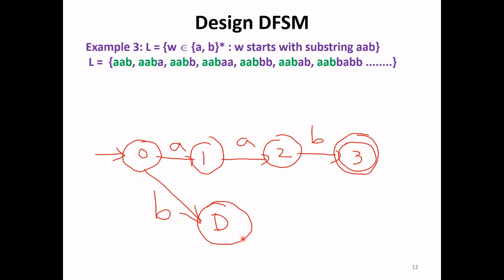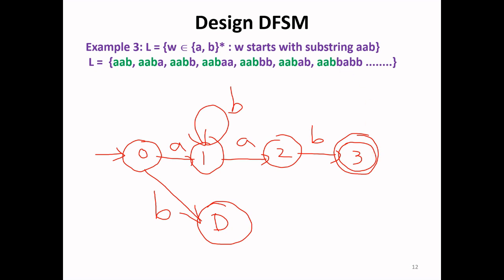Going to the next state, state 1, A we have. What about B? Can I take a self loop? Take a self loop and check. Is it possible? Will it be correct? A, B instead of A, A, B violates this language.